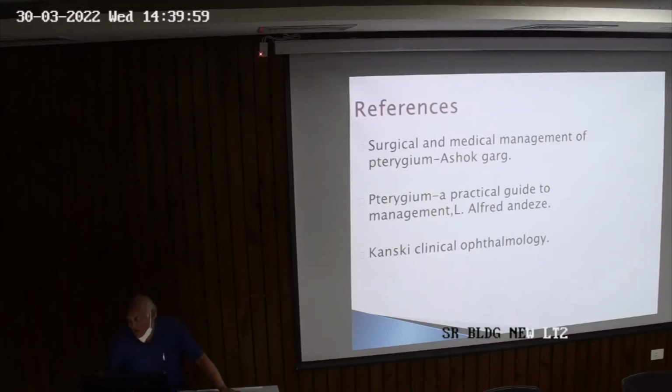So far we have seen what the pterygium is, what the parts of the pterygium are, what the signs and symptoms are, the blurring of vision, the regions, types and gradings, pathogenesis, pseudopterygium, the differential diagnosis and how to differentiate it, and the treatment.